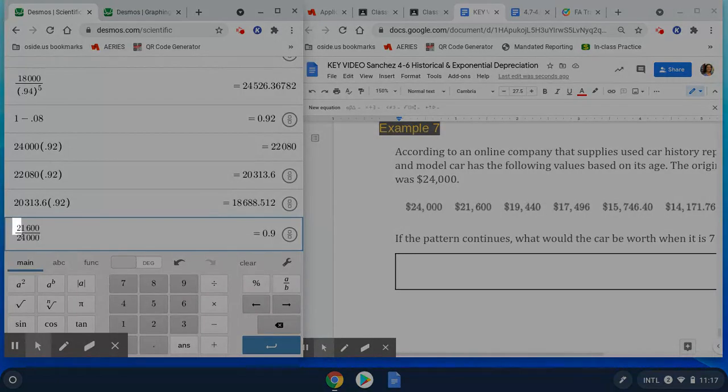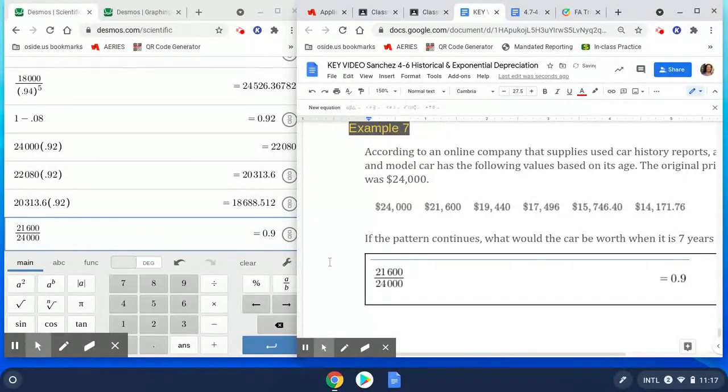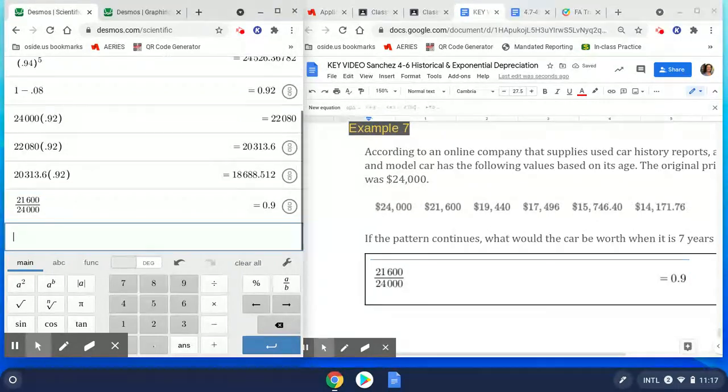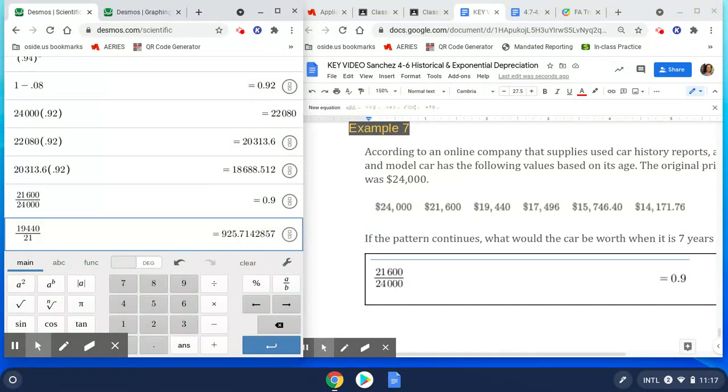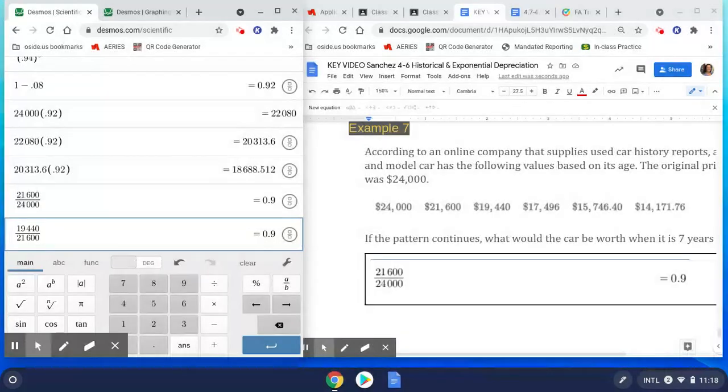Okay, let's see what the next term gives us. All right, the next term is 19,440 divided by 21,600. And oh, hey, look at that. It's the same multiplier, 0.9.